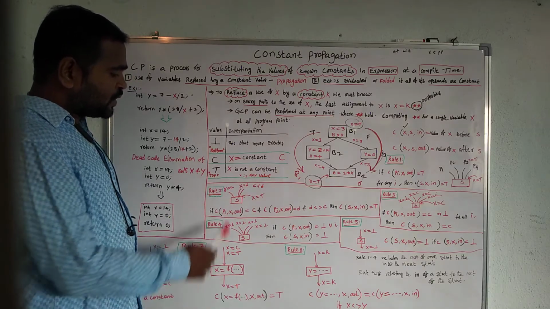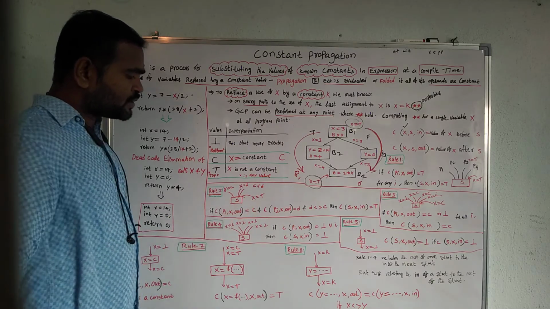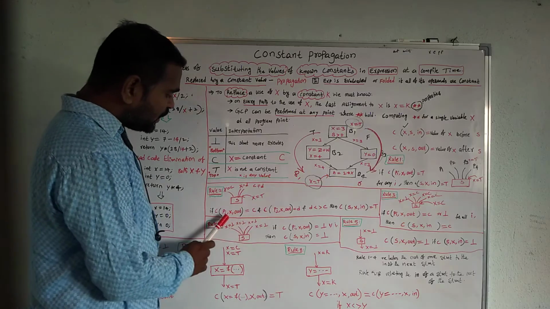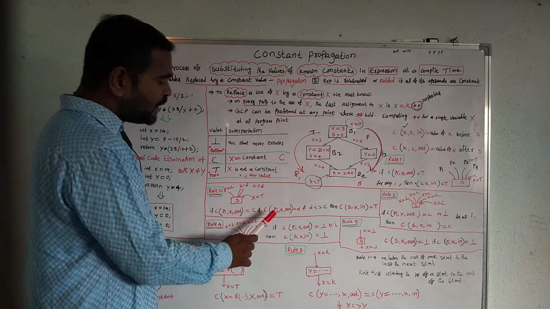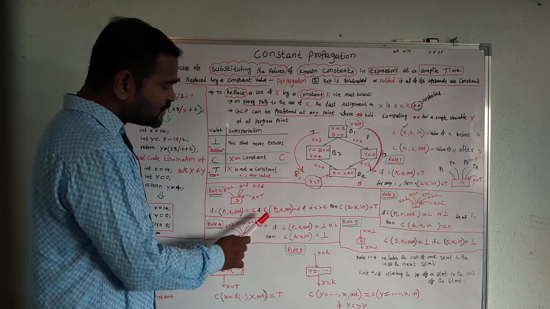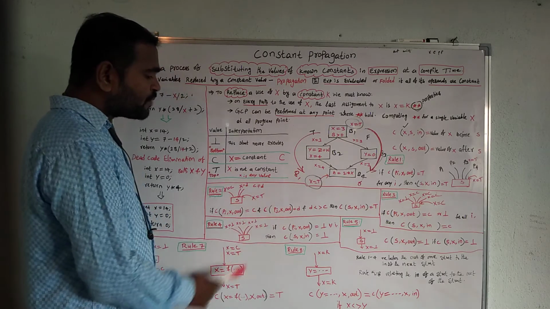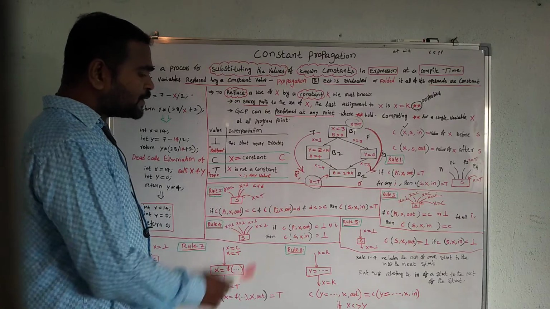In the pi path, the pi predecessor, and here we have another predecessor, that is called pj. This is another path.